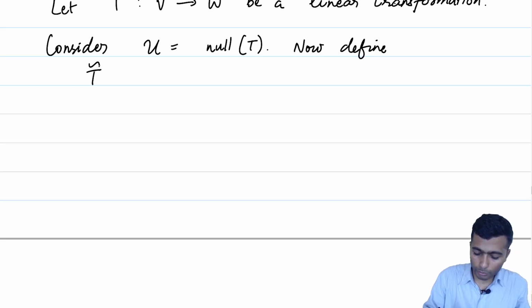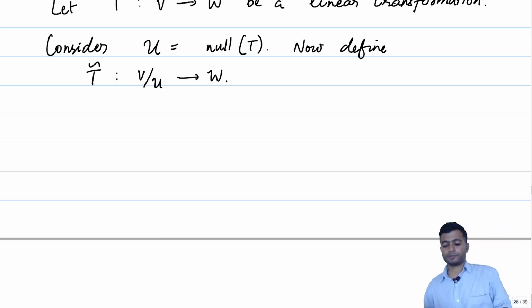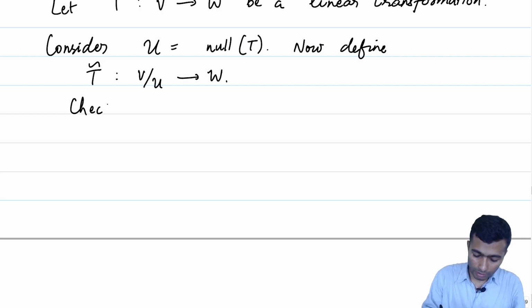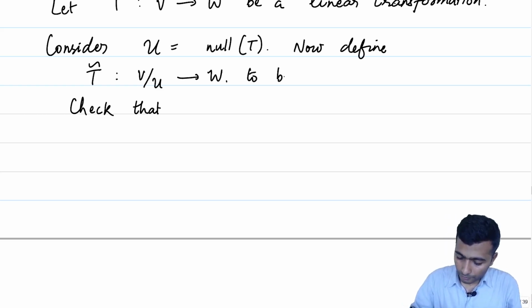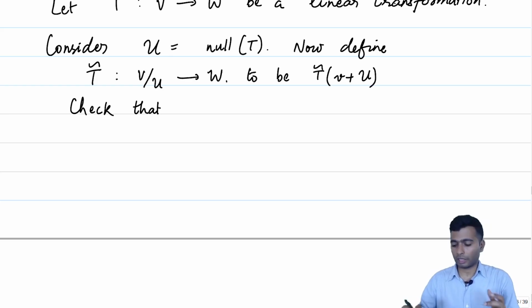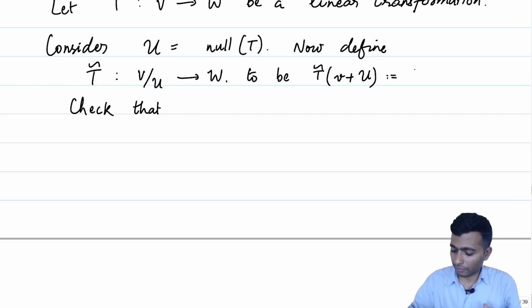Now define T tilde to be a map from V mod U to W. T tilde of, say, small v plus capital U. The guess should be correct, which is Tv.